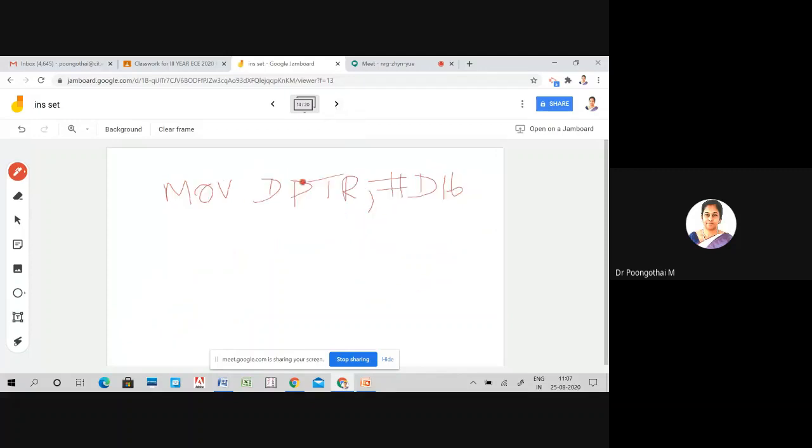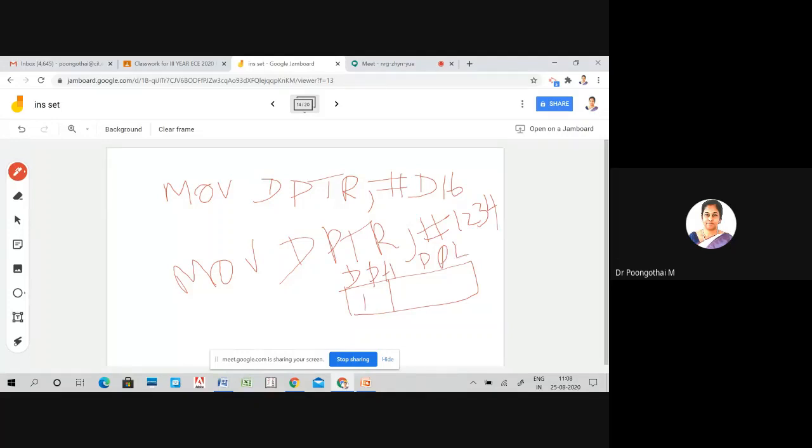So next instruction, MOV DPTR, #16-bit data. Okay, so load DPTR with the 16-bit data given in the instruction. So example, MOV DPTR, #1234. So after execution, your DPH holds 12, DPL holds 34.